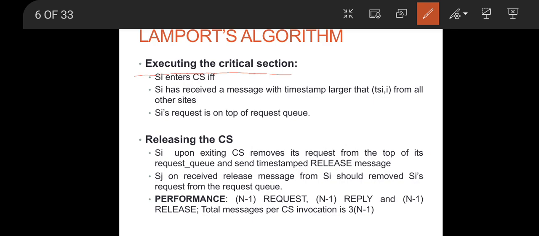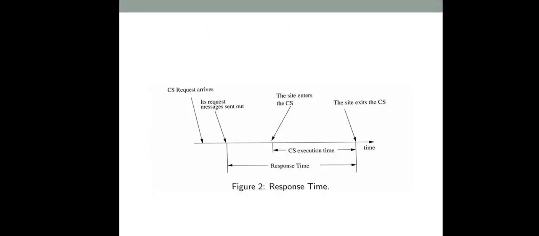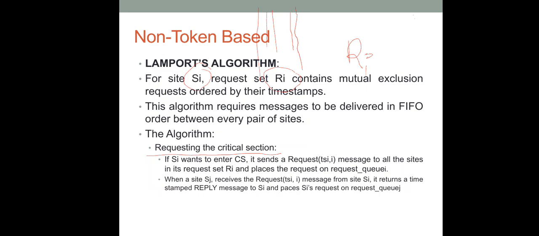And the third is what steps need to be executed while releasing the critical section by the processor. So in all the mutual exclusion algorithms that we are going to discuss in this chapter, we'll have these three parts.